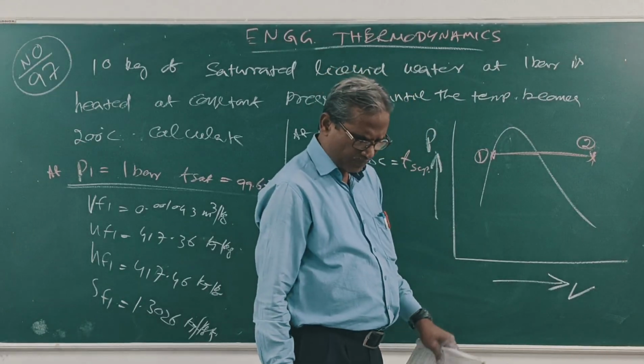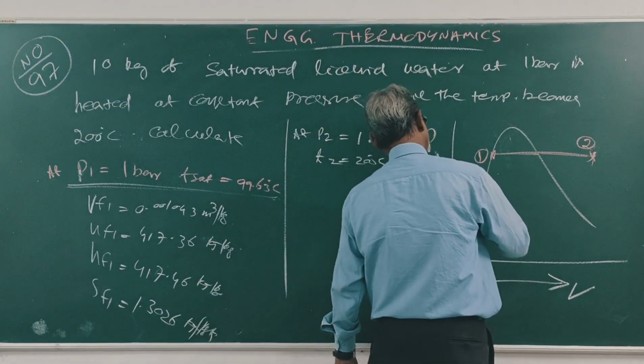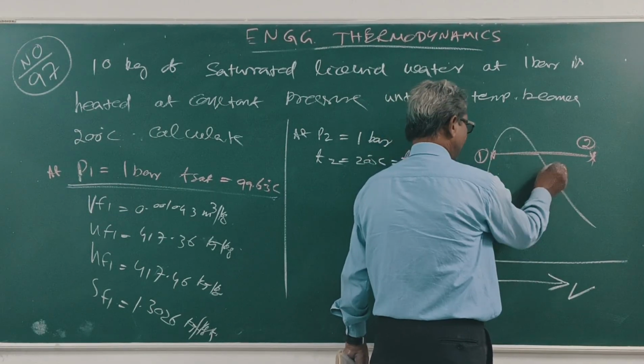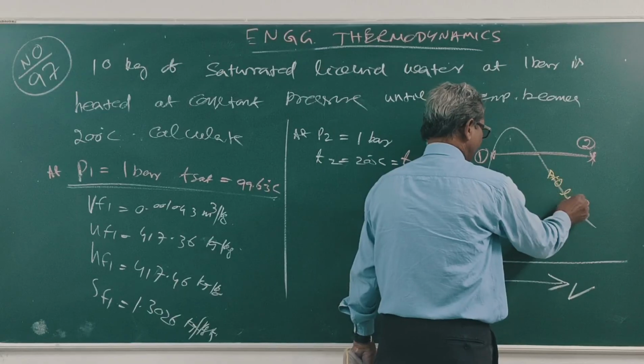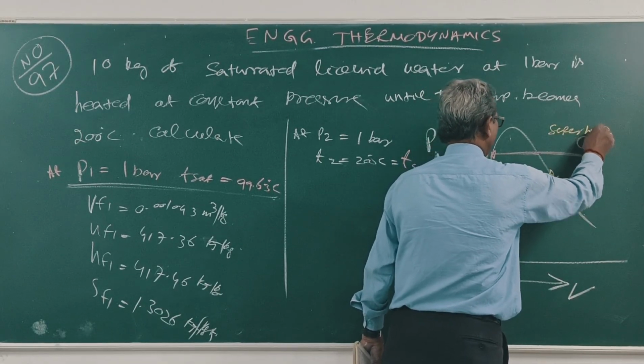Right? So 1 is the liquid condition. This is the water line, liquid line, water line, the dry line. This is the superheated region.